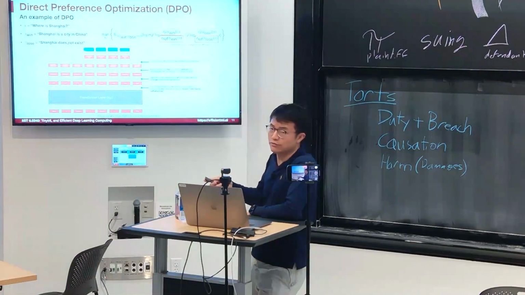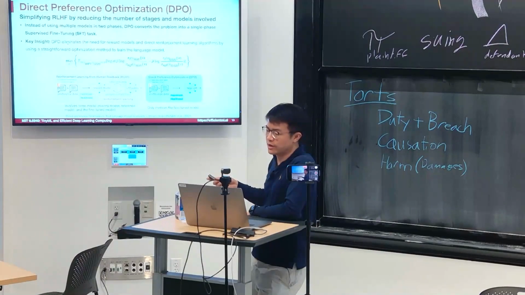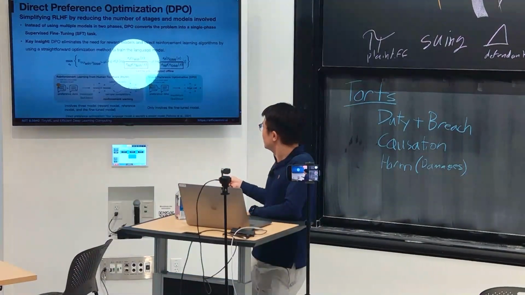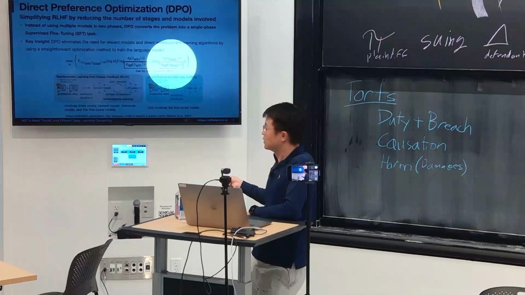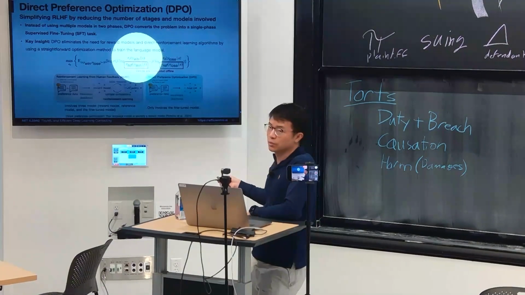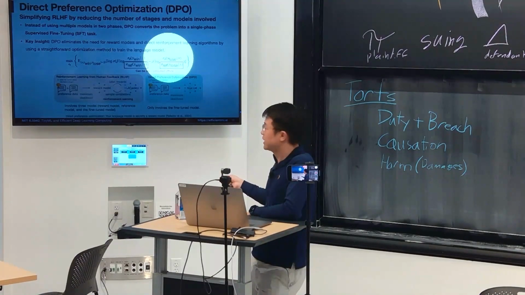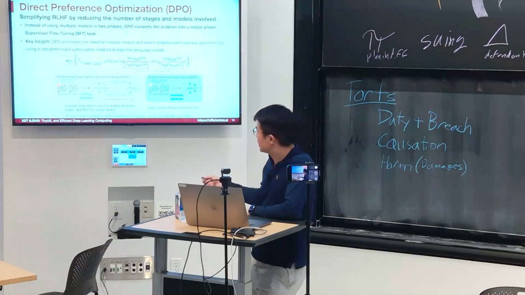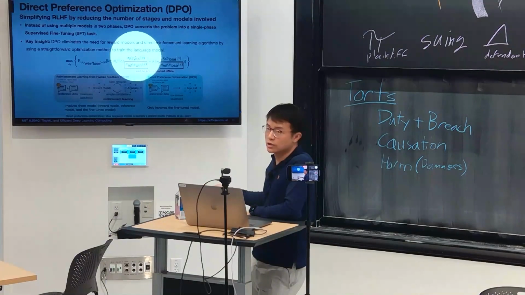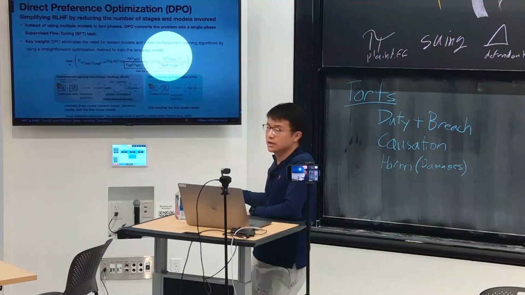So we collect a lot of such X, Y win, Y lose pairs, and then we plug them into this equation. Given the reference model, we calculate the Y win and the Y lose. Then with our model, parameterized by theta, given the same input, we have a winning output and a losing output. Here we are trying to maximize the difference, making sure the winning output's probability is much higher than the losing one.